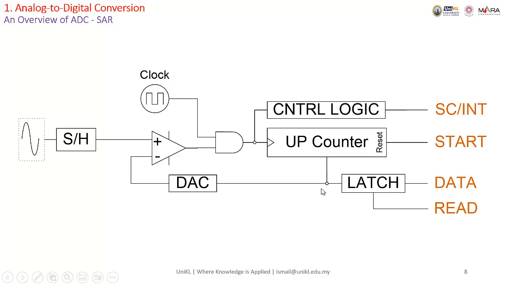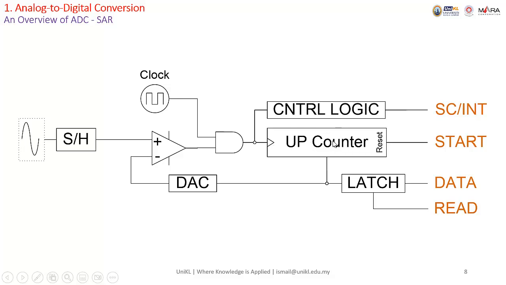So when we feed 0 0 0 to the DAC, digital to analog converter, this point becomes 0. So when we compare with any voltage greater than 0, this one becomes 1. Then when the output here is 1, that means we allow the AND gate to pass the clock to the up counter.